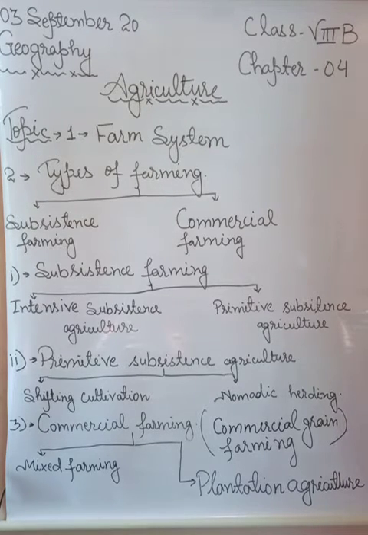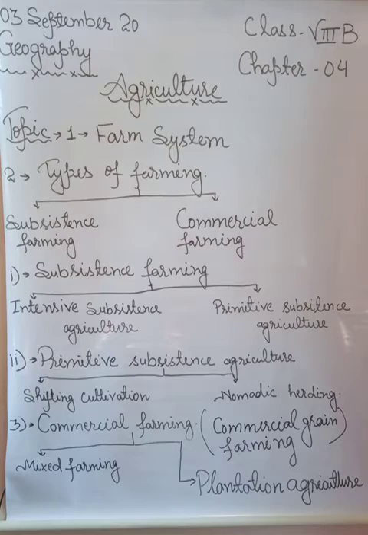So students, as you know very well, farming is practiced in various ways all around the world. But the very important things required to do agriculture activity are, number 1, geographical conditions, number 2, demand for products and labor, and after that, level of technology.